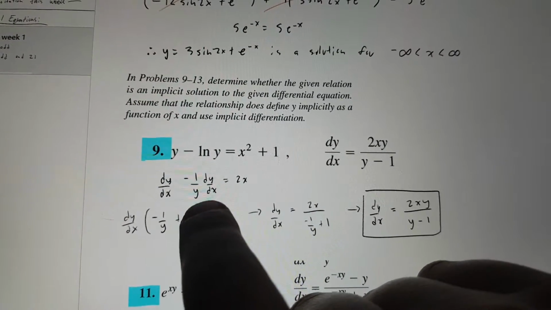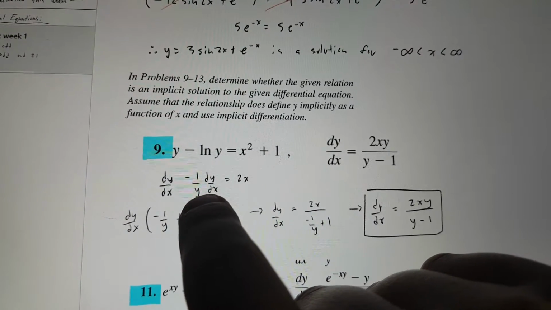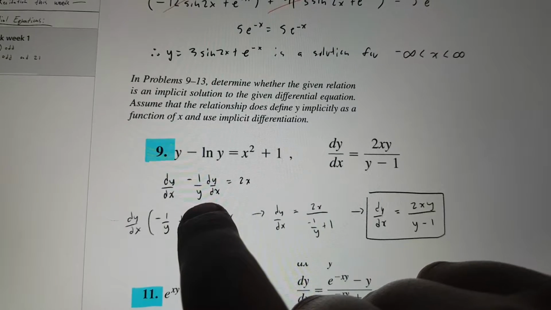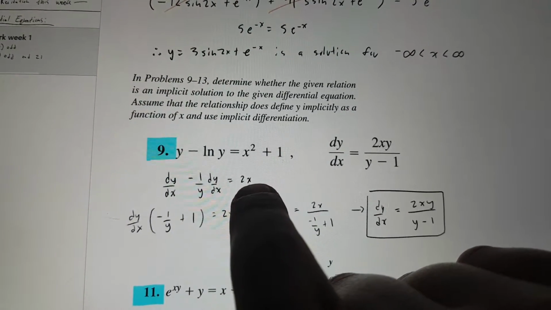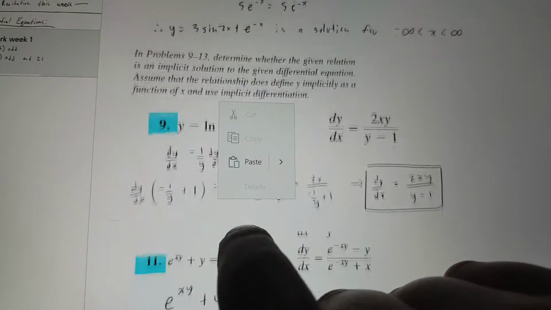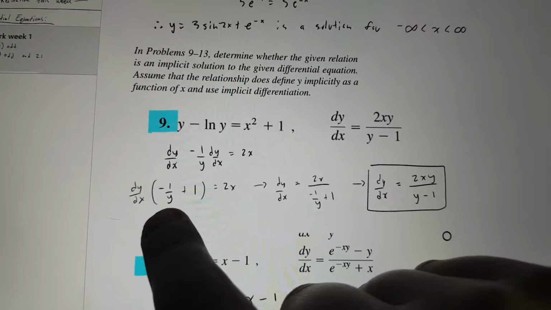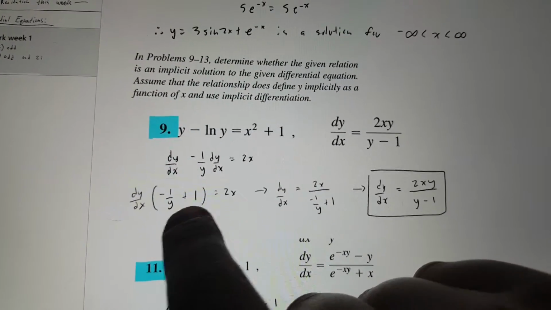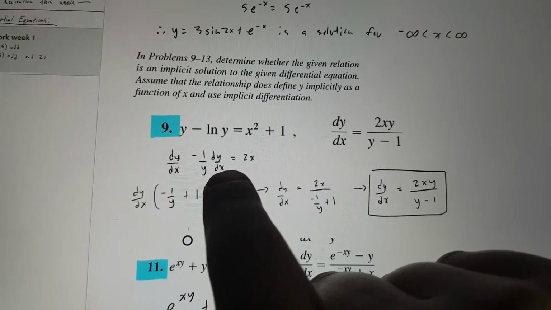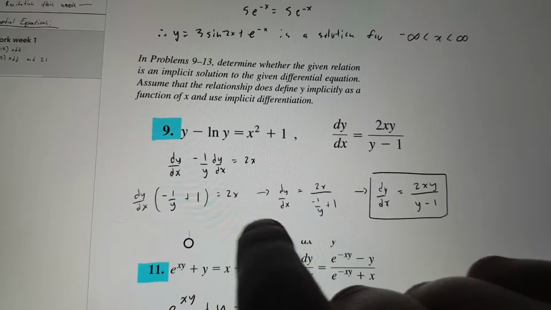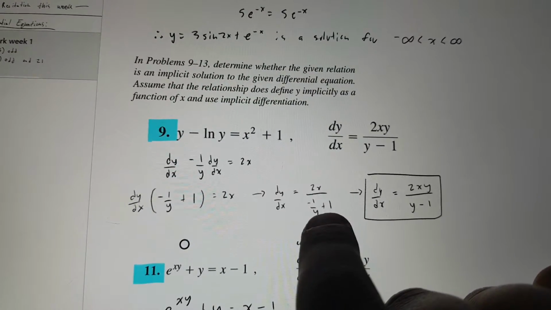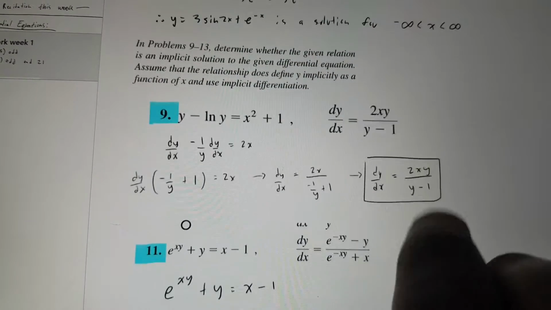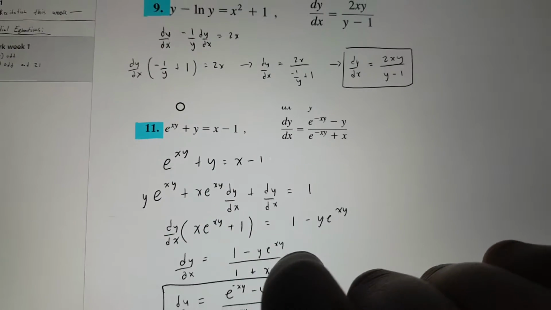So we got y prime and minus 1 over y, that's the natural log of y times y prime, plus this with respect to x. Oh, sorry, we're going to factor out that dy/dx equals this, so we can find what dy/dx equals. And that's equal to this, which goes to that, which is the same thing we had, so that works.